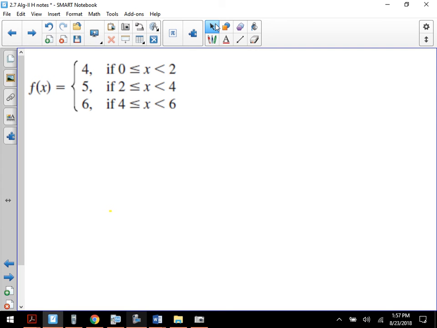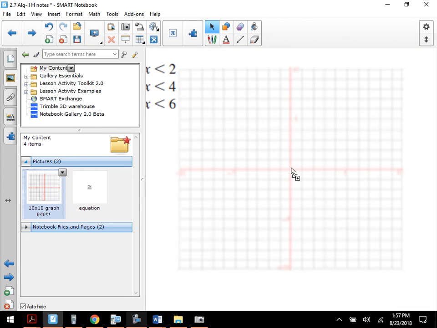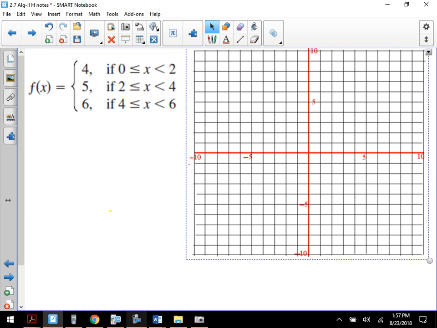So let's see. Am I including 0 or excluding 0? Including. Between 0 and 2, where do I put my horizontal line? 4, very good.